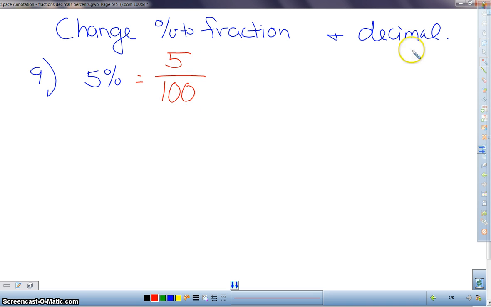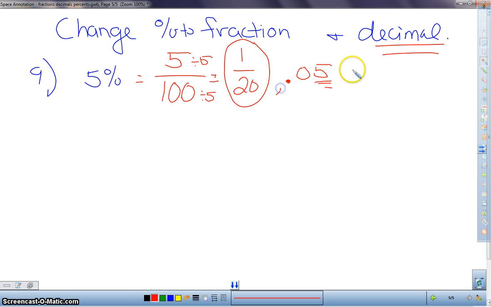Before I simplify this, I'm also going to write it as my decimal. This is 5 hundredths, which I know can be written as 0.05 because this is in the hundredths spot. Now I'm going to simplify, so I have my correct fraction, and I get 1/20. So here's my fraction form, here's my decimal form. Remember, another way to change it to a decimal is to take your decimal point, and instead of moving it back, we're going the opposite direction, 2 places, add your decimal point and your 0.